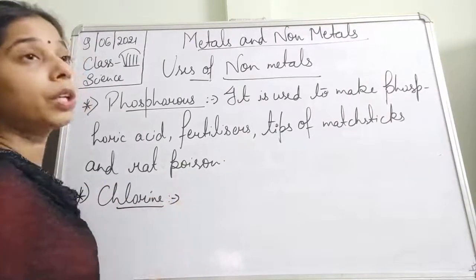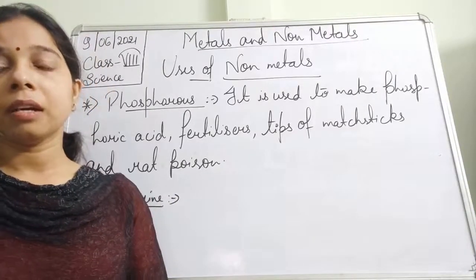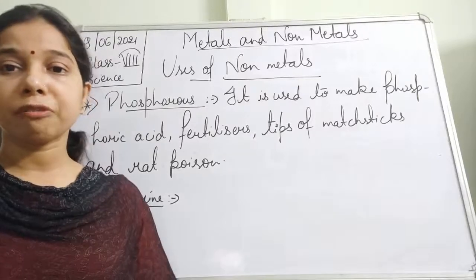Moving on, the next one is chlorine. What happened in the chlorine? Chlorine is basically, there are a lot of uses of the chlorine in which one is also used in the treatment of plant.